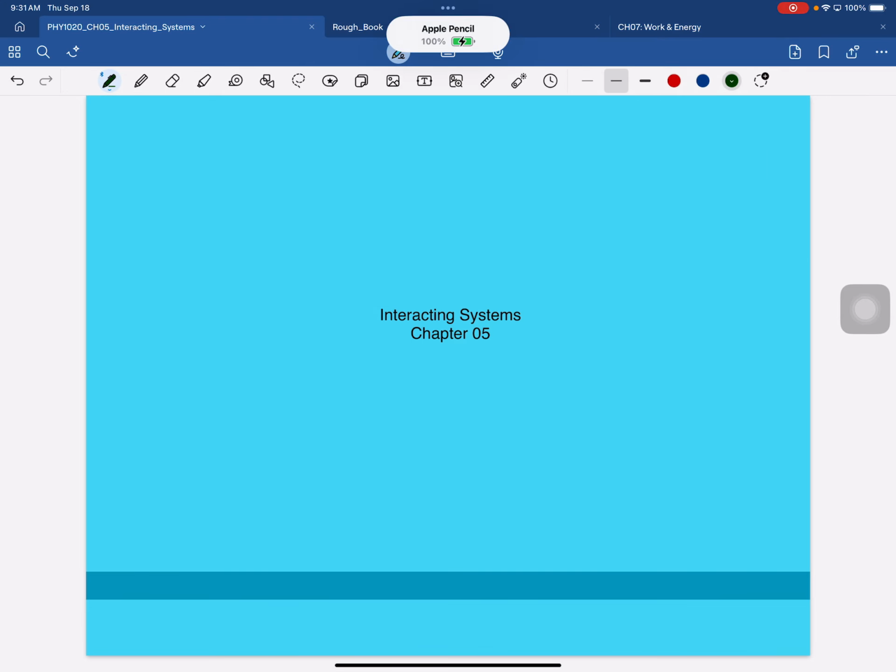Okay, so like the title says, this chapter is about interacting systems. And from a biological perspective, I'll give you an example. If a plant grows in a desert environment, its structure and adaptations are different than a plant growing in a forest environment, where there's lots of water.